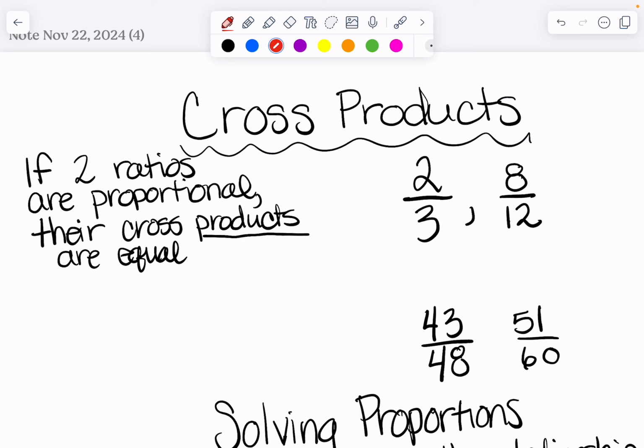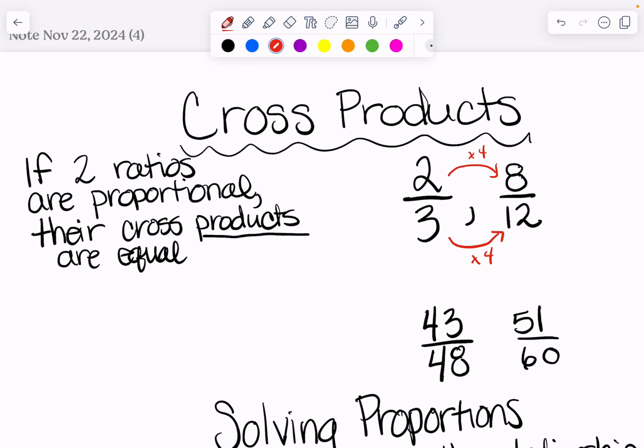Proportional meaning equal. Some of you might be able to see, well, 2 times 4 is 8, and so 3 times 4 is 12. And so we're scaling that 2/3 up by 4 to get 8/12. So that's one way to look at those two and know that they are indeed proportional or equal to each other.